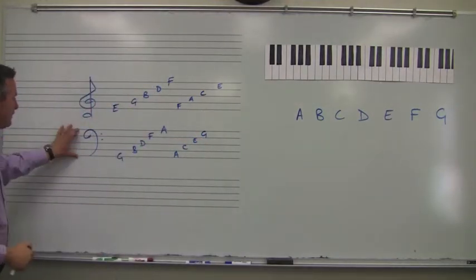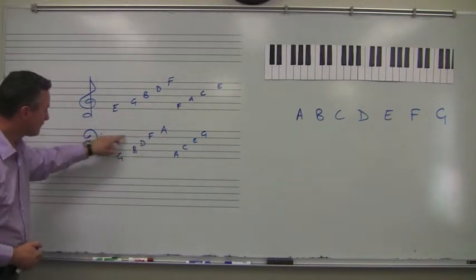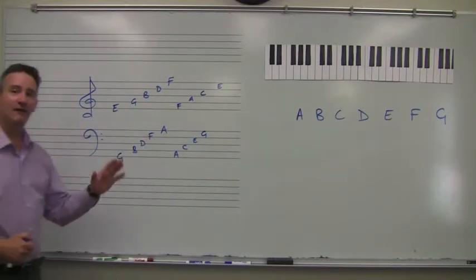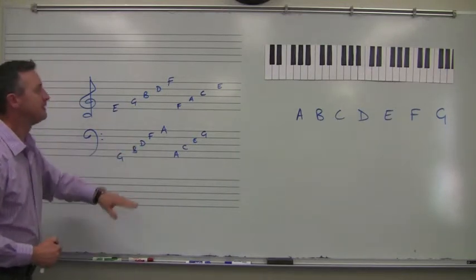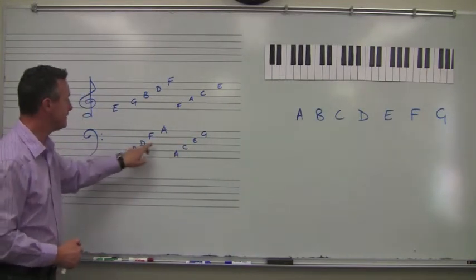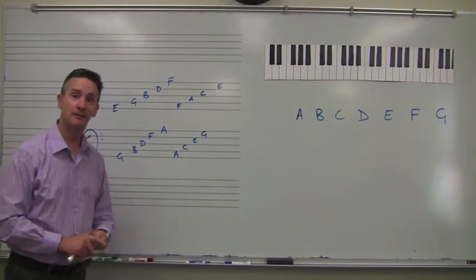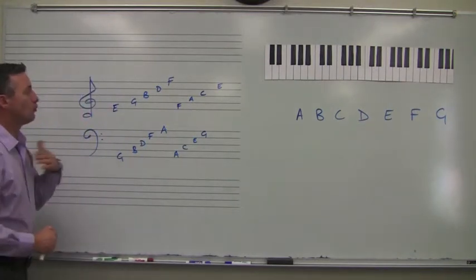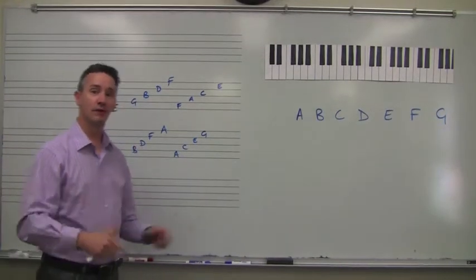If you have this clef, the bass clef, or sometimes called the F clef, then the lines are G, B, D, F, A, the spaces are A, C, E, G. Again, G, A, B, C, D, as you move up following the musical alphabet. And so you need to learn this clef as well. The treble and the bass clef are very important.